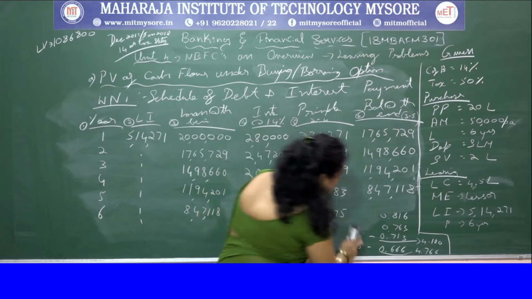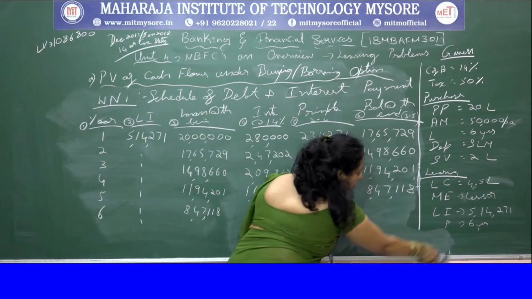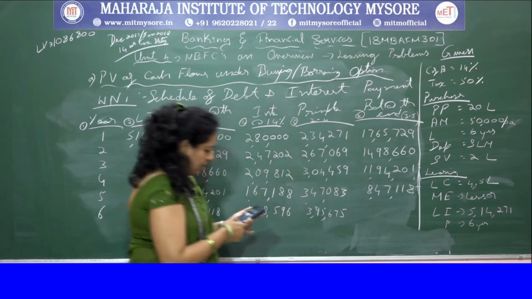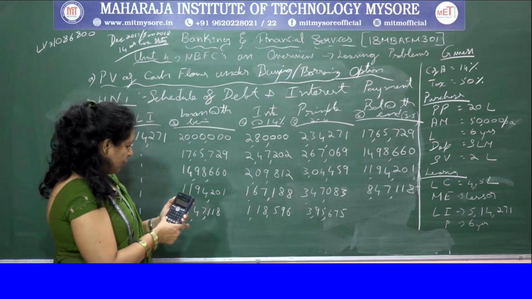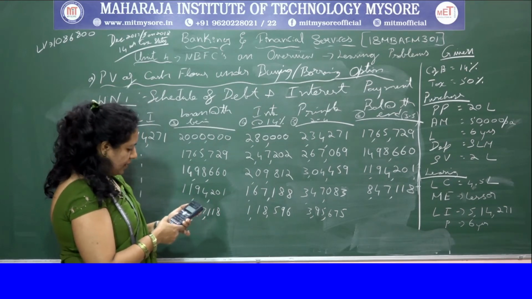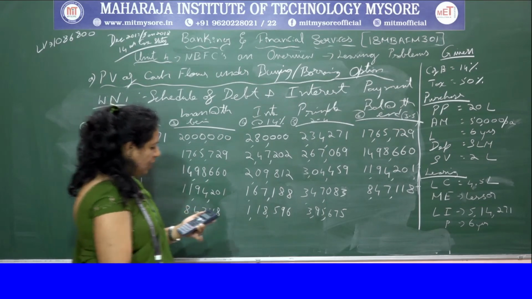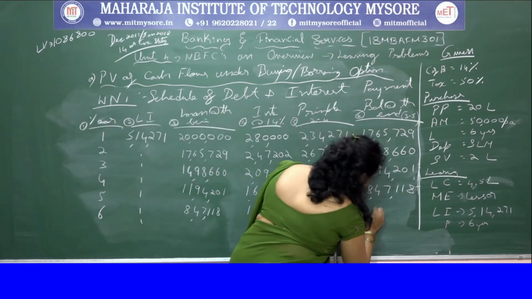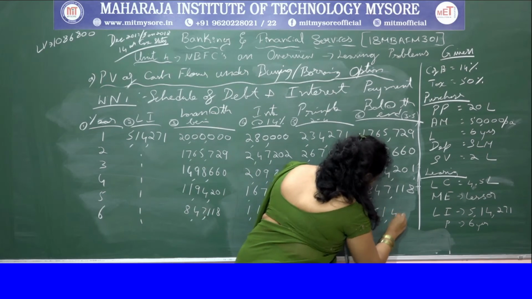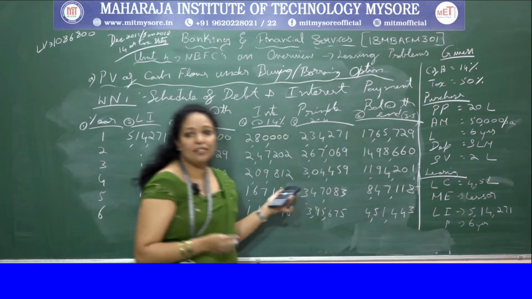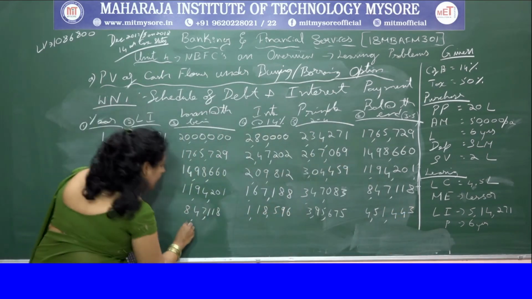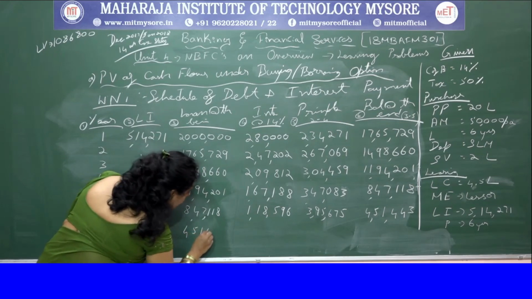So I don't have space. I need to rub this. Okay. So 8,47,118 minus 3,95,675. I've got 4,51,443. I'll take the same amount.